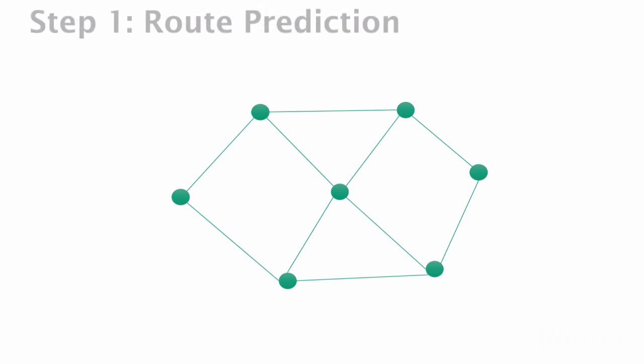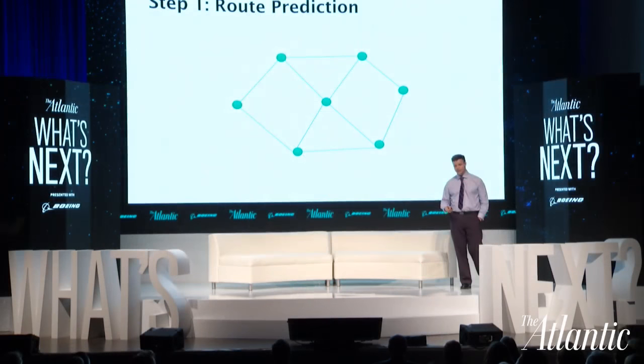Driver prediction is a two-part model in order to learn and predict driver behavior. The first step is route prediction, which employs a hidden Markov model. It predicts the end destination and then the route that the user is likely to take to get to that end destination.